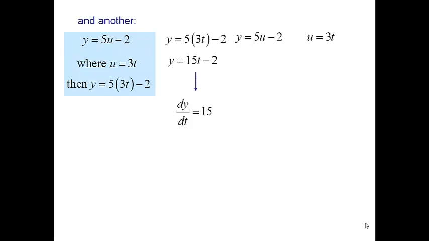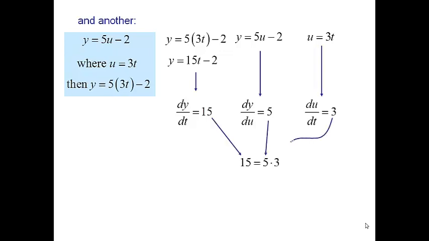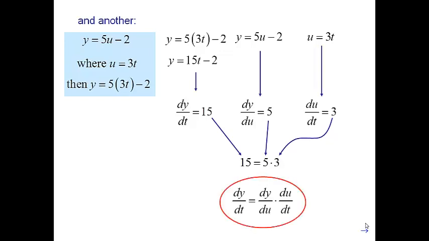So if we take the derivative of the big function, dy/dt, and we take the derivative of the middle function, dy/du equals 5, and we take the derivative of the inner function, then notice that we get 15 equals 5 times 3, and there it is again. That is the chain rule.